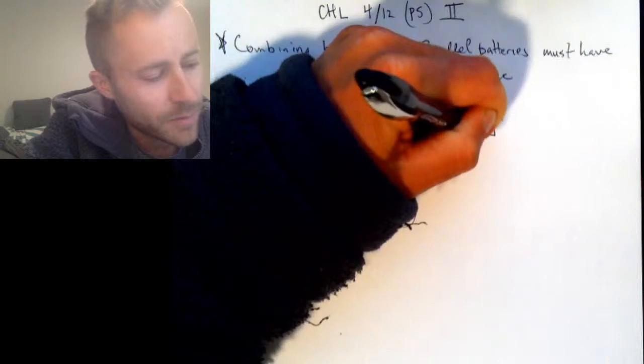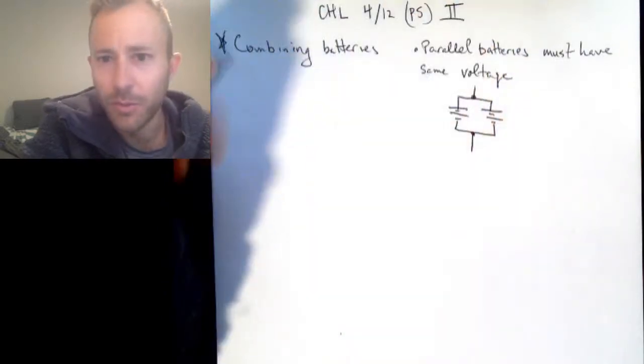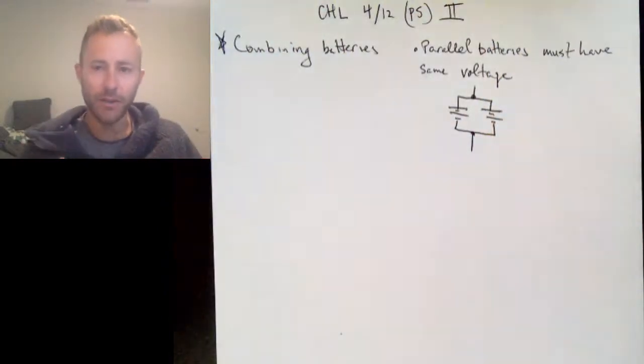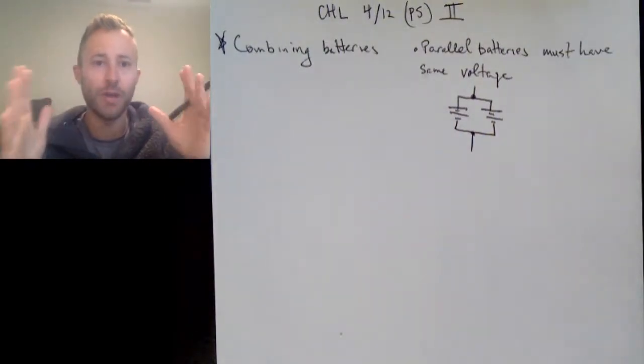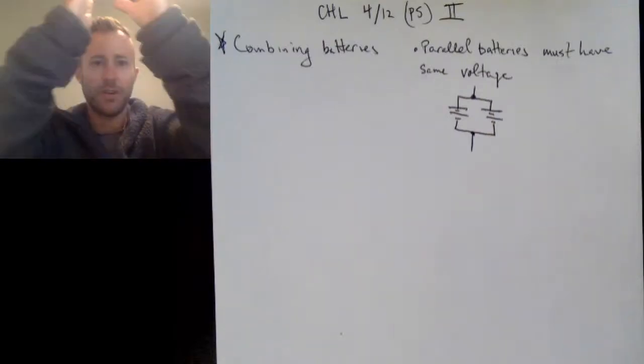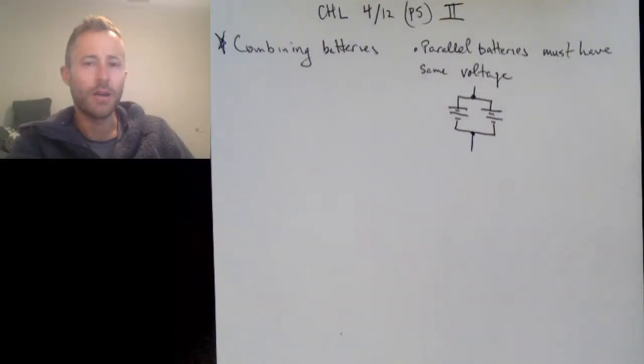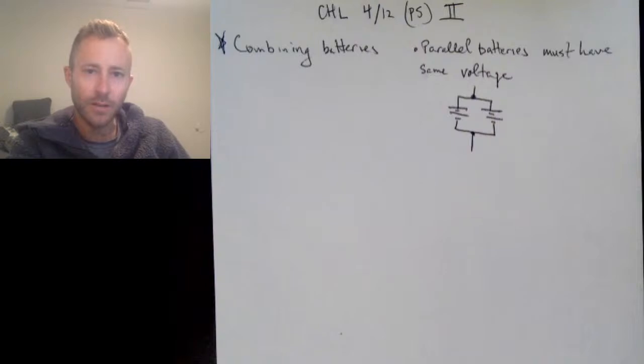Each battery is able to provide current, so you can get more current because you have two batteries side by side pushing current into the circuit. So that's why you would put parallel batteries together. But they must have the same voltage, okay?